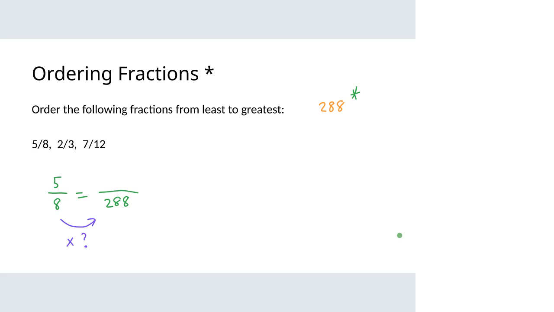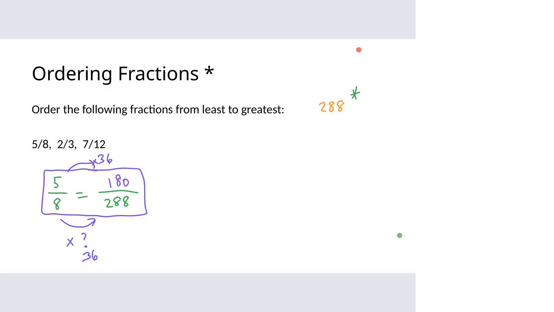So the way I'm going to figure that out is I'm going to do 288 divided by 8, and that's 36. So we had to multiply by 36 on the bottom, so we're going to multiply by 36 on the top also. And so 5 times 36 is 180. So what we're seeing there is that 5/8 is the same as 180 over 288.